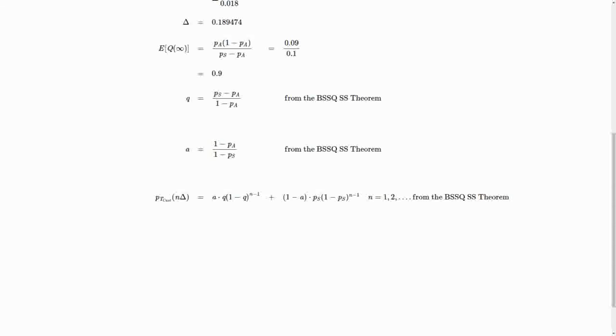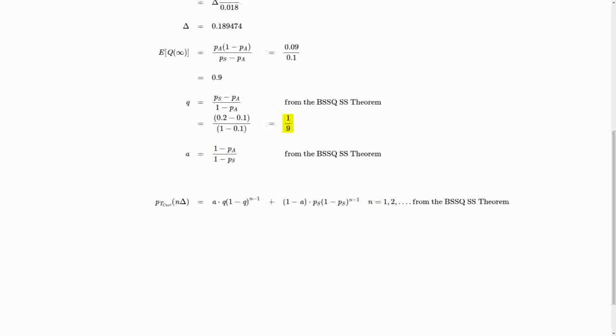Then we move to the main theorem for steady state customer time of a Bernoulli single server queuing process, which states if Q is PS minus PA over 1 minus PA, then that is 1/9.